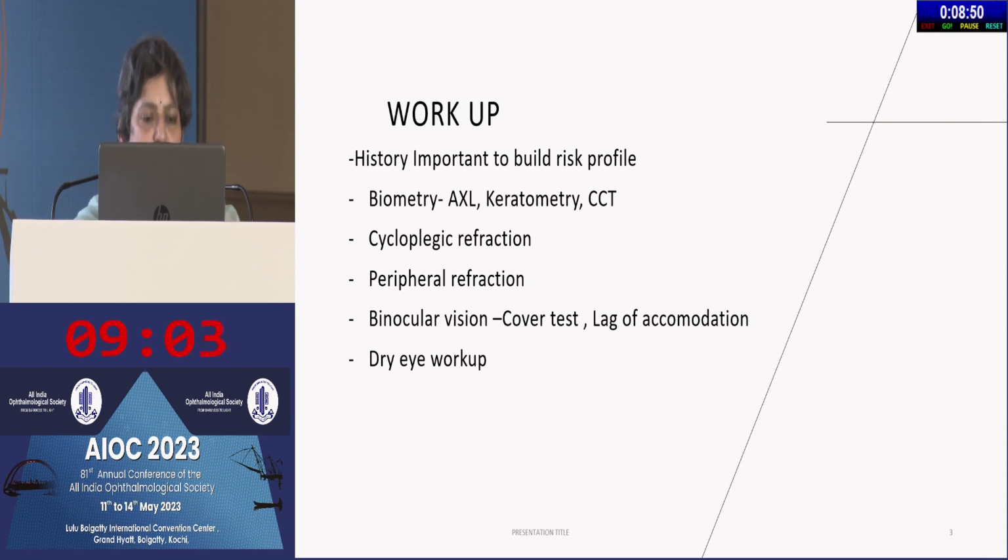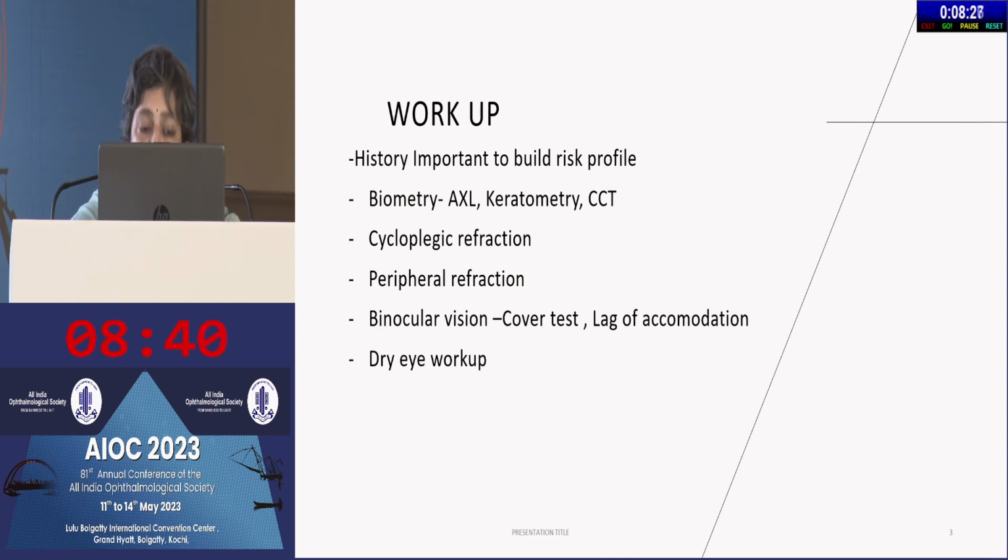So history is important. In the workup, previously, the workup consisted of mostly only cycloplegic refraction and maybe a squint test, but now we need to document a little bit more in children with myopia. You probably have to pay attention to axial length, keratometry, as well as central corneal thickness.